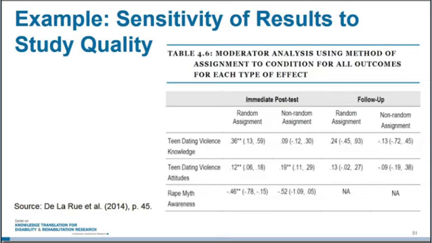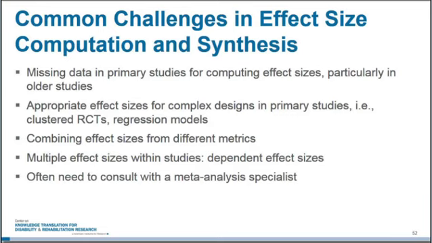And we can see that the studies that used random assignment have a larger effect size, 0.36, than studies that did not use random assignment. So this is an example of the exploration of heterogeneity using study quality. And again, you can find this source in the Campbell Library, free access, and you can see an example of this.